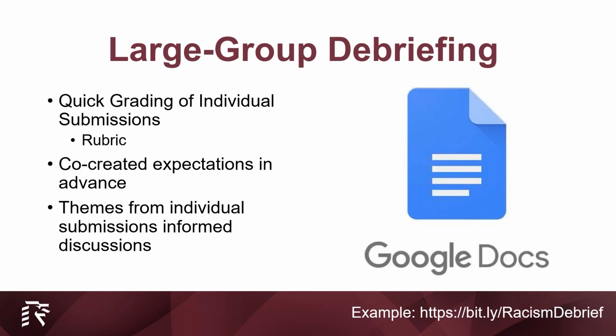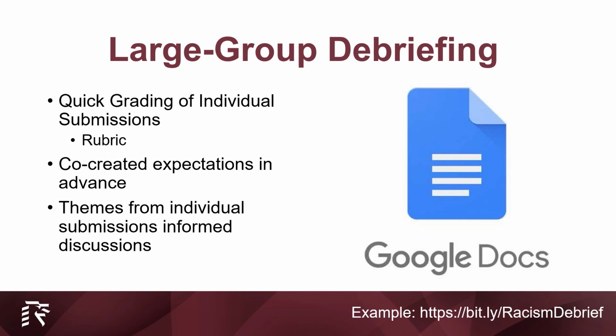Using individual reflections to inform large group debriefing was very enriching for having a guided debrief that I felt was valuable. The grading of the initial reflections was quick because this expectation was set in advance with students, and general feedback was provided in the large group, which then led to further in-depth discussion.